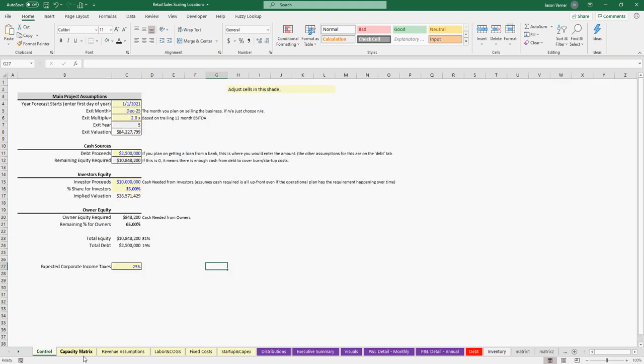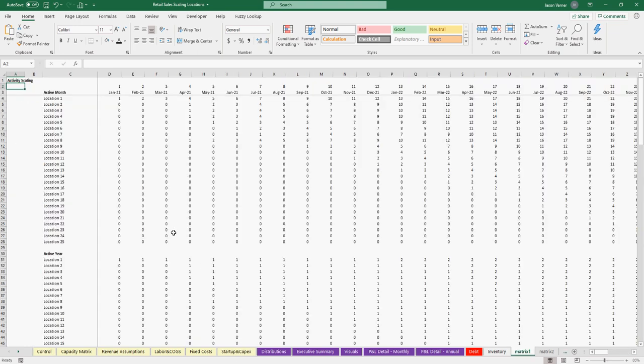Now, I'll briefly go over how those things actually make this work. So let's look at matrix 1. So this is activity scaling, I'm calling it, and essentially we want to know, number 1, based on all those variables for each location, what is the start month, and then how long has that location been active since that start month.